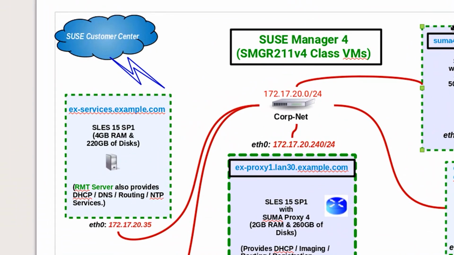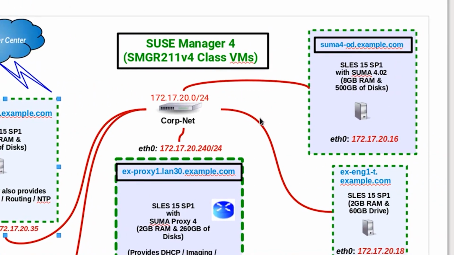The EX Services VM is an RMT server built on SLES 15 SP1. This VM also provides DHCP services for the 172.17.20.0 subnet and provides DNS and NTP services for all subnets. The SUMA 4-OD server VM is the SUMA 4 server you saw me install and configure in previous demonstrations.